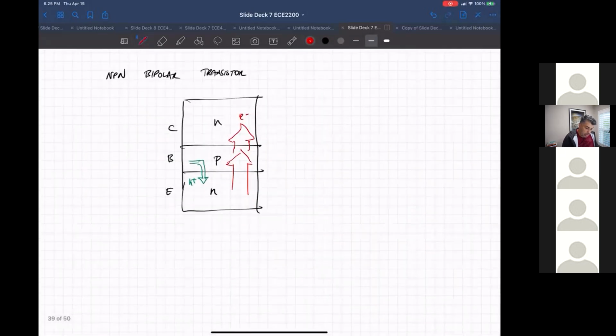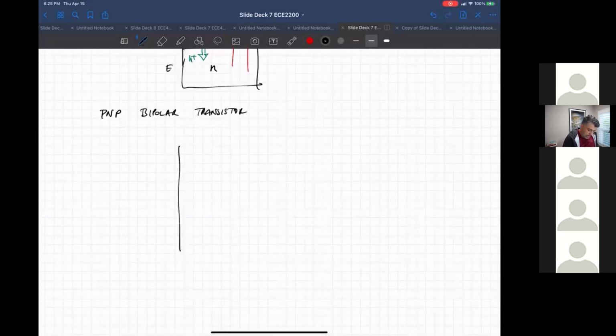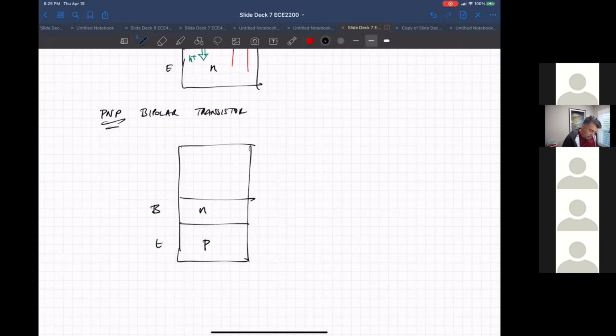But there is also another device called a PNP bipolar transistor, which is an N-type material sandwiched between two P-type materials. So for the PNP, the base is N, the emitter is P-doped, and the collector is also P-doped.